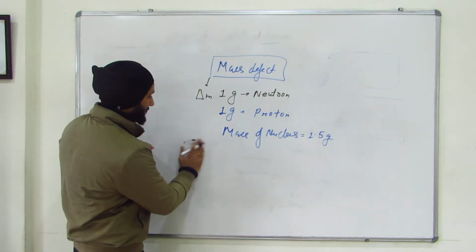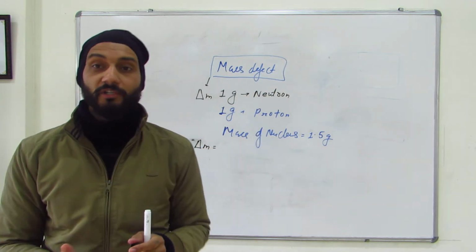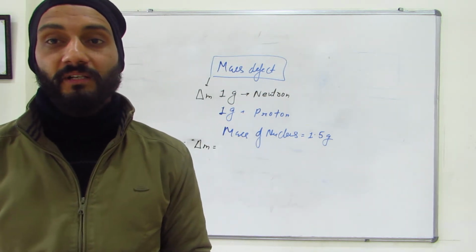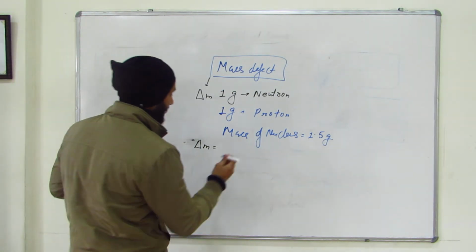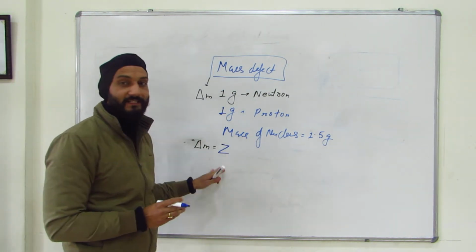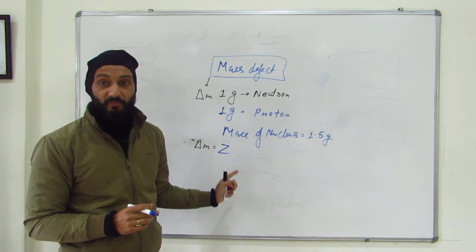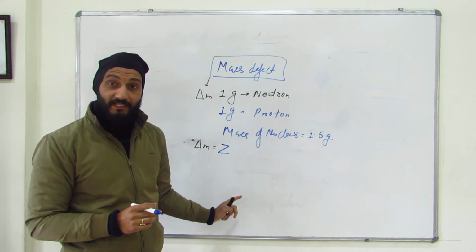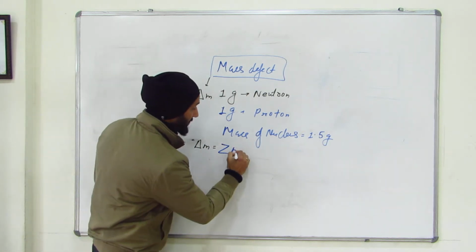So delta m, the mass defect, is equal to, so the number of protons is represented by Z. What is Z? Z is the atomic number, the number of protons. I am taking the mass of one proton to be mp.